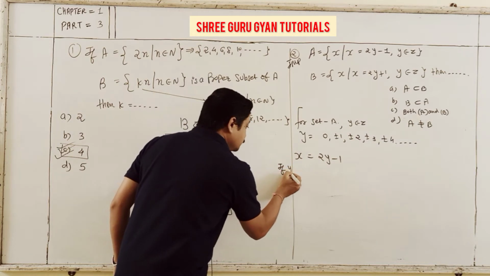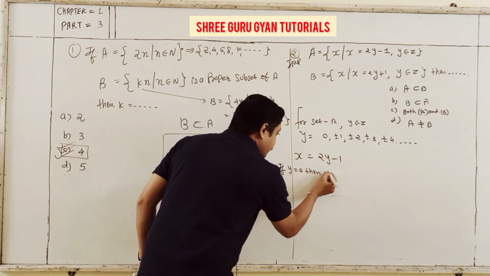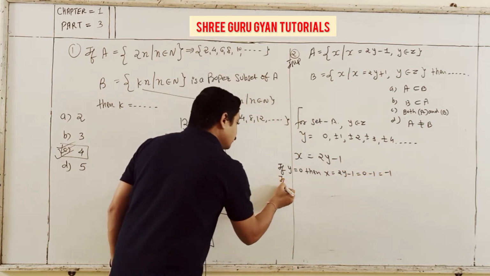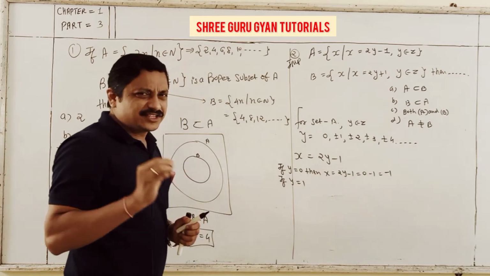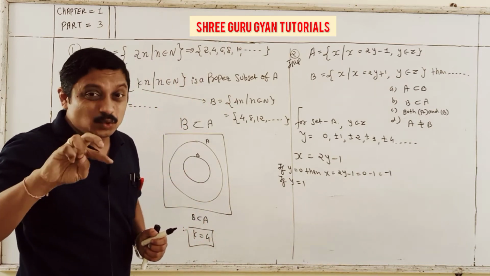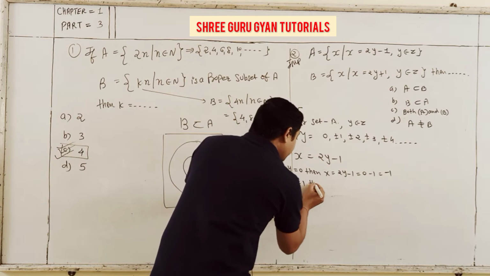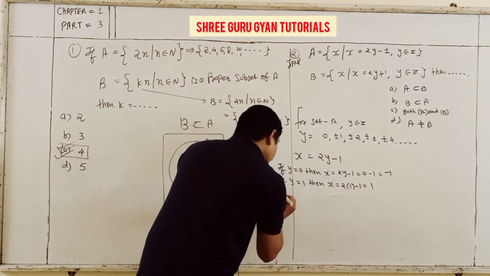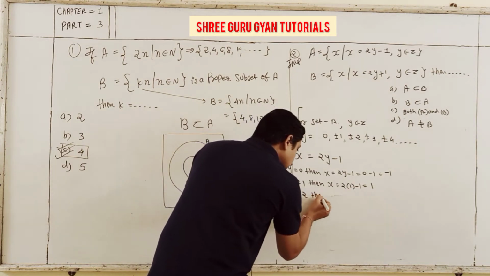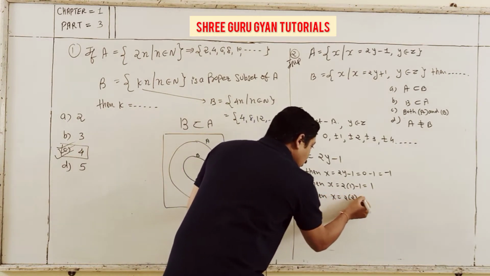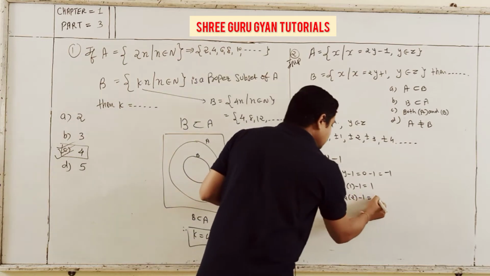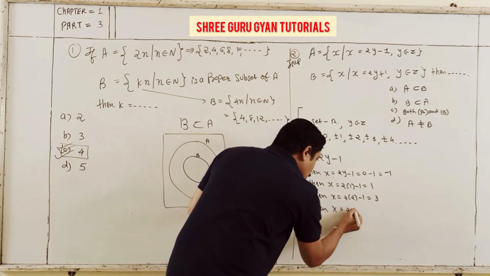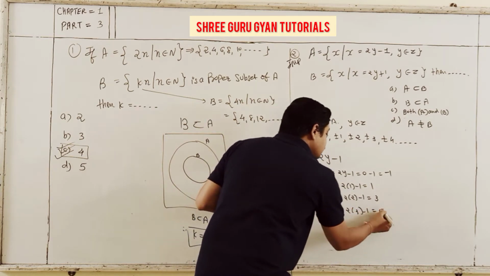If y is 0, then x becomes 2 times 0 minus 1, which is minus 1. If y is 1, then x becomes 2 minus 1, which is 1. If y is 2, then x becomes 2 times 2 minus 1, so 4 minus 1, 3. If y is 3, then 2 times 3 minus 1 is 6 minus 1, 5.